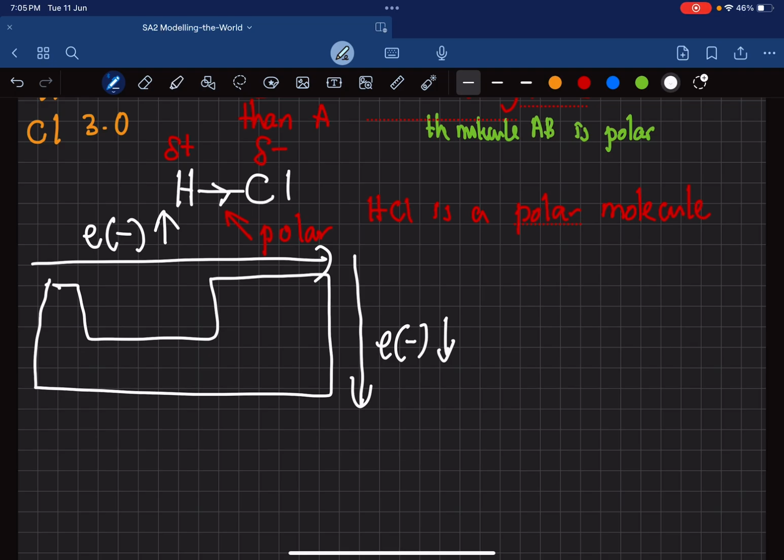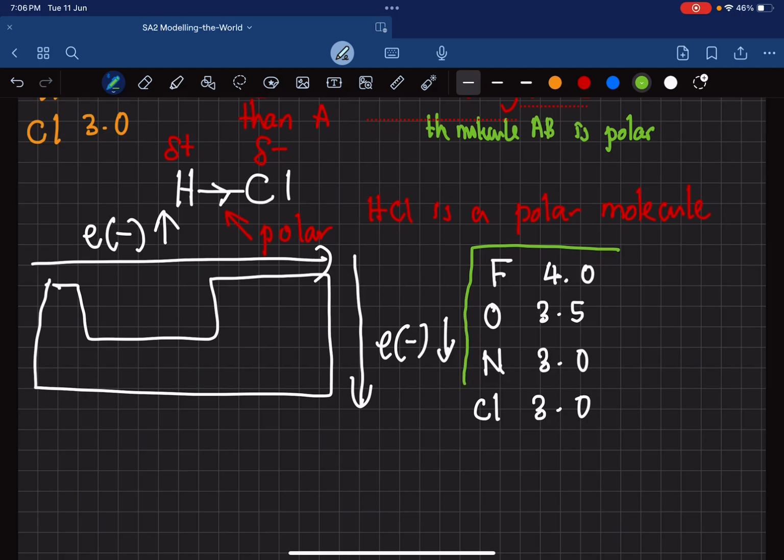In the periodic table, electronegativity increases in this direction and decreases in this direction. The most electronegative element is fluorine, followed by oxygen, then nitrogen at 3.0, and closely followed by chlorine, which is also 3.0. These are the three most electronegative.